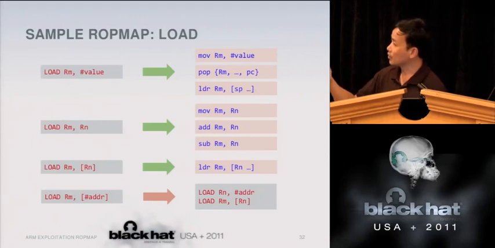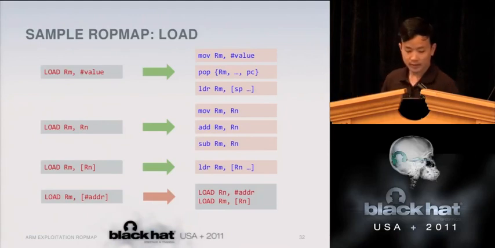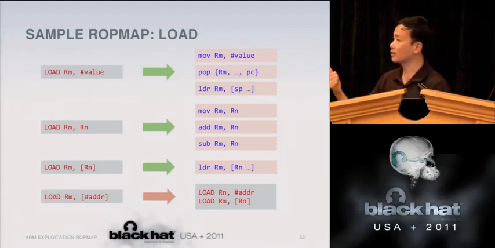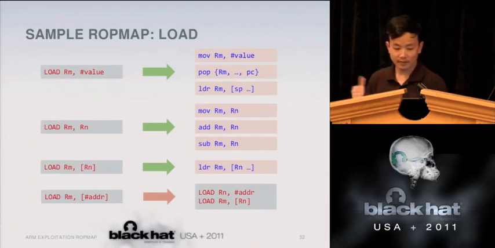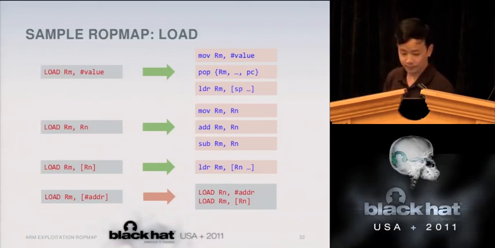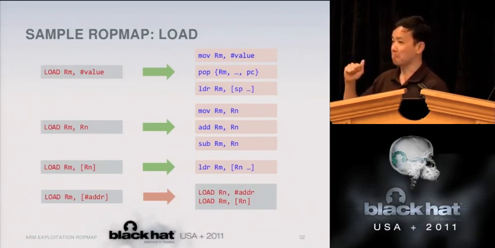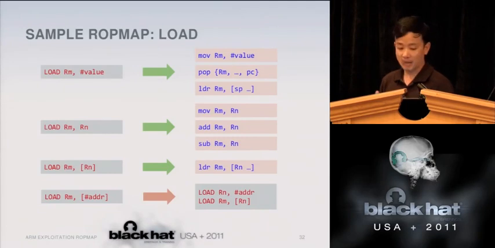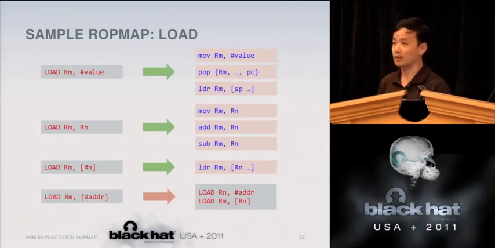For the load from register by reference, memory reference by register, we have the LDR instruction. And for the last one, you will notice that there is no equivalent instruction in ARM architecture that will load a value from memory referred by an address to a register directly.